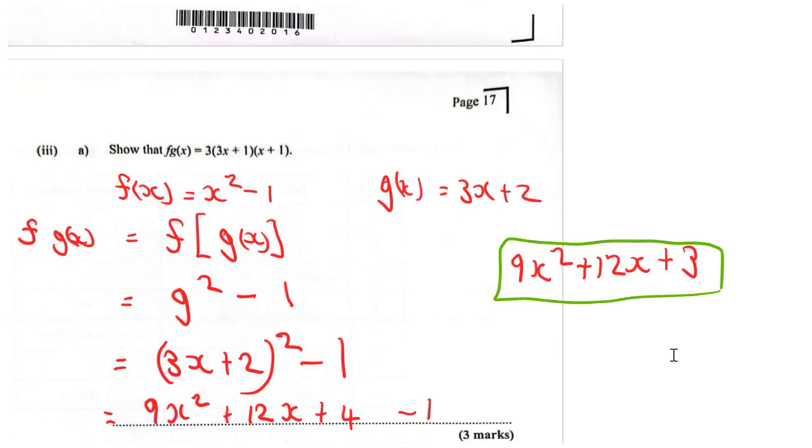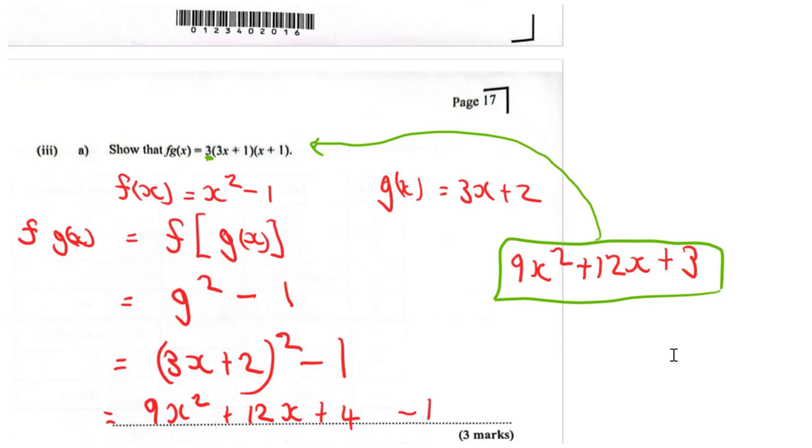Now all we need to do is show the examiner that this is equal to this. Now notice that there's a 3 on the outside right here. There's a 3 right here. So what I can do is factor out 3 from this quadratic expression.